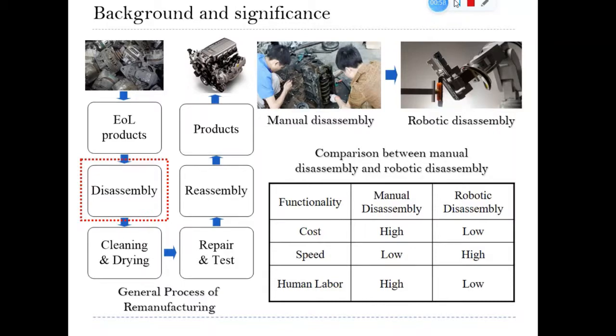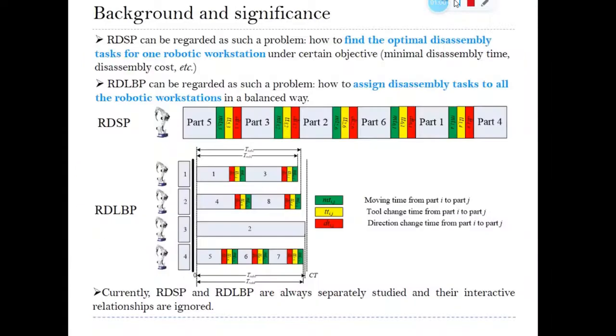So in this environment, before the execution of the disassembly process, planning is very important to improve disassembly efficiency. In planning, we always have two kinds of planning problems.